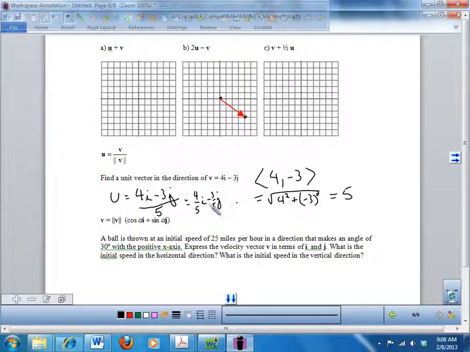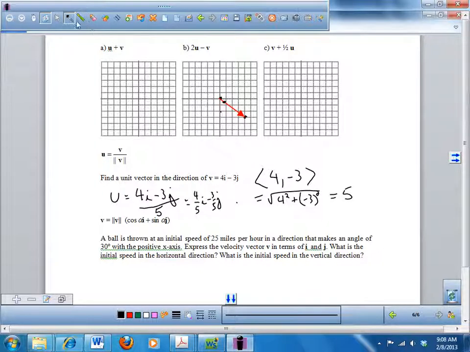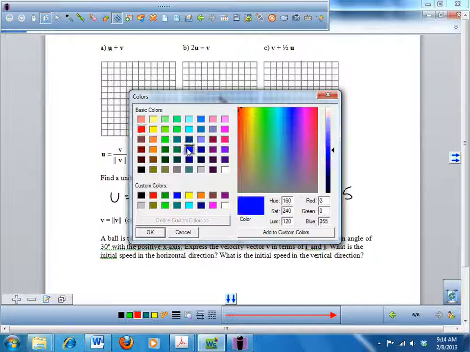So if I went over 4/5 and down 3/5, this is what this is telling me: this teeny little vector right here. Let's change colors. I kind of like a chartreuse.